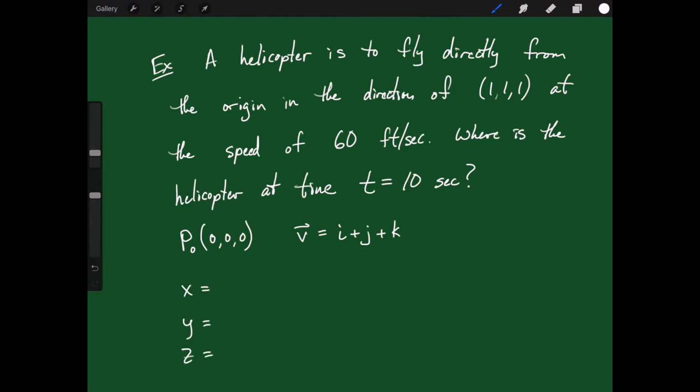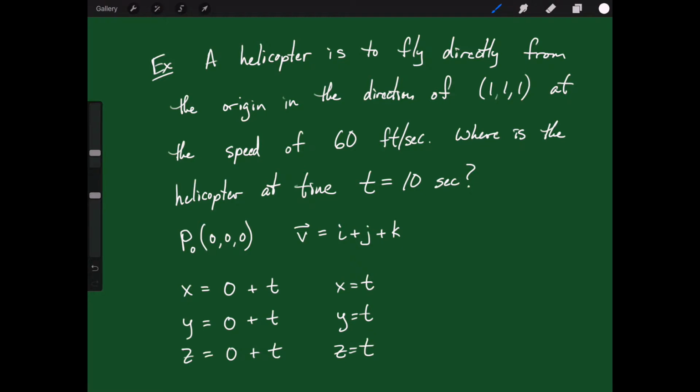And what I'd put in is 0, 0, and 0, and then plus t, and plus t. Correct? So in other words, x equals t, y equals t, z equals t.